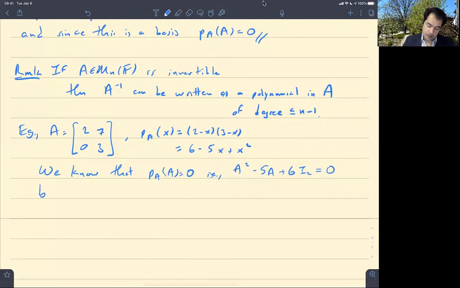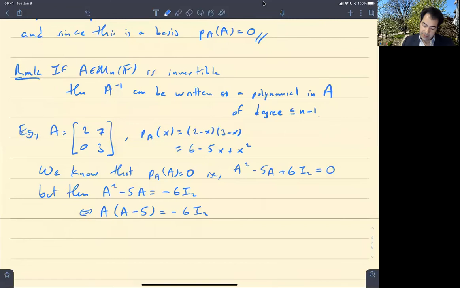Okay, but then what you can do is put the constant factor on one side and the factors with A on the other side. Now I'm going to factor out an A on this side. And then I'm going to divide both sides by minus 6.